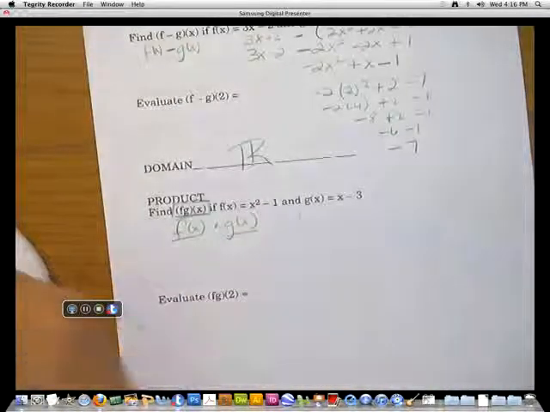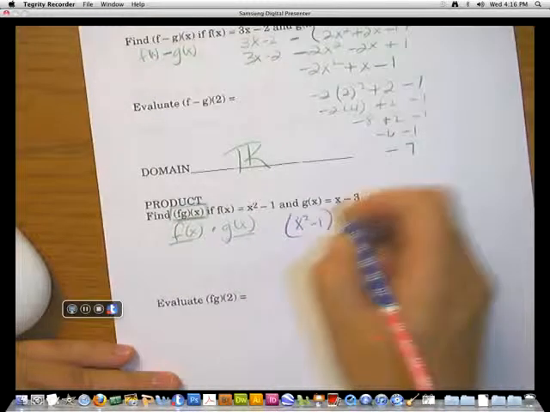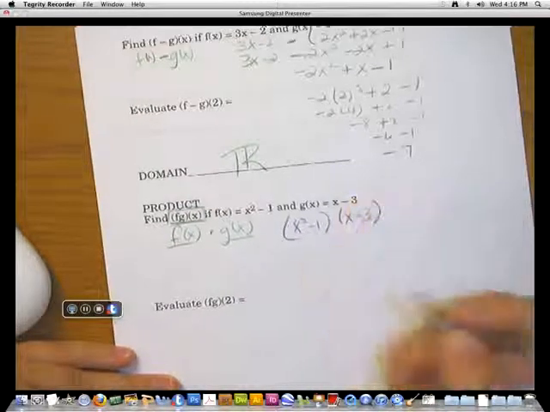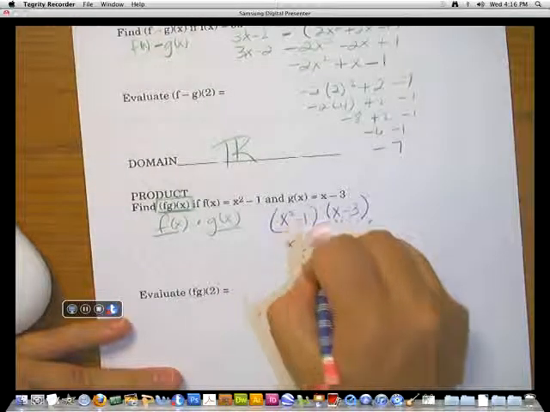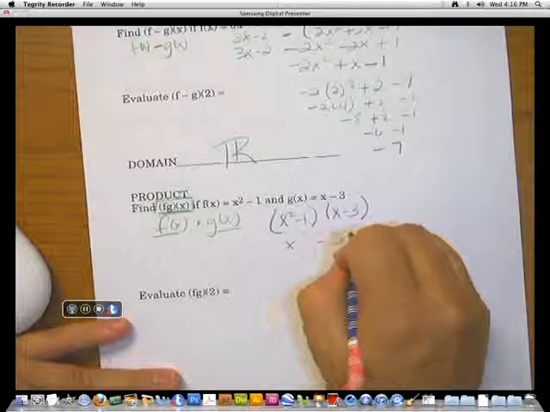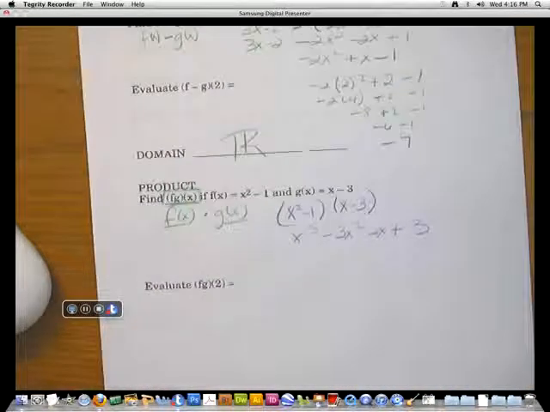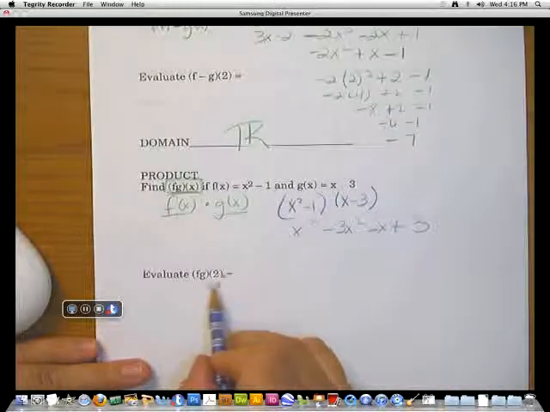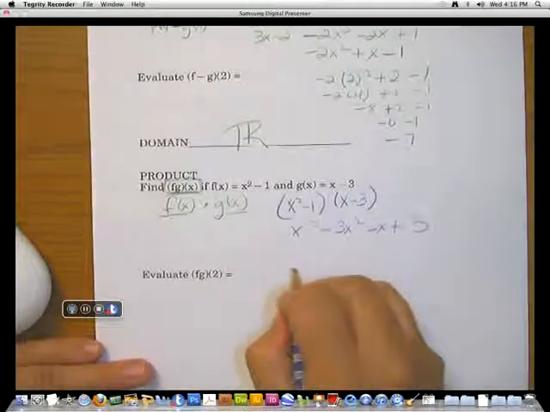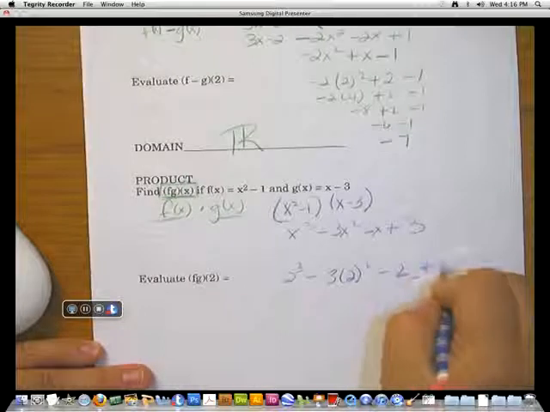So in this case, I get x squared minus 1 times x minus 3. Distribute, so we're going to get x cubed minus 3x squared minus x plus 3. There's no combining like terms. Everything is in order. So when I'm going to evaluate, I'm just substituting in the 2. 2 cubed, 2 squared, 2.